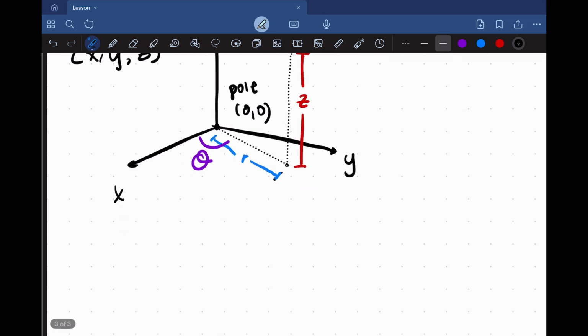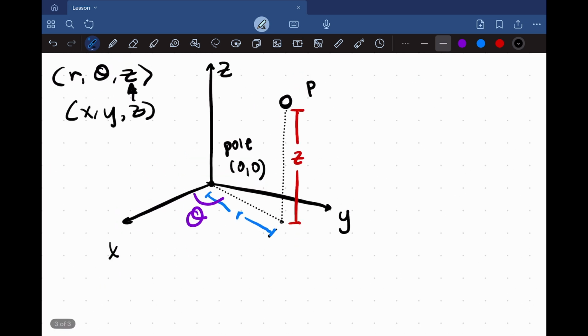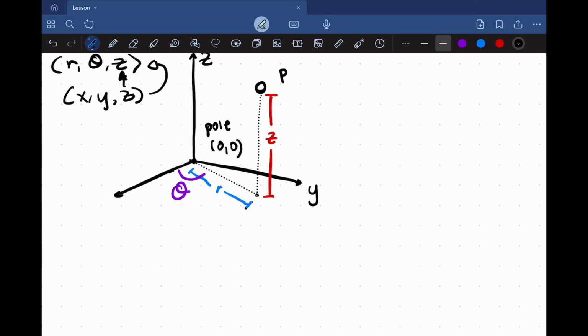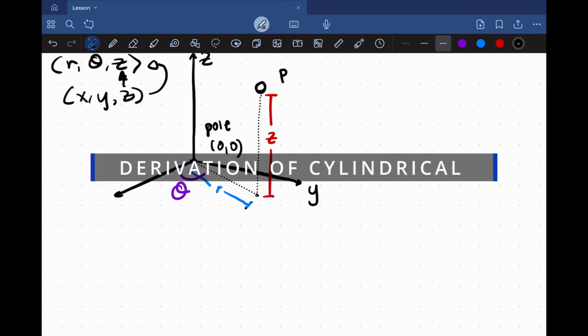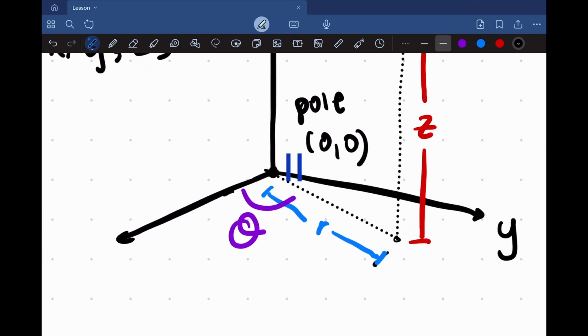Now, how are we supposed to convert x, y, z into r, theta, z? In order to do this, we have to use a few equations. Rather than just looking it up, it's actually pretty easy to find, so let's derive it ourselves. We know this is x, and this is y.